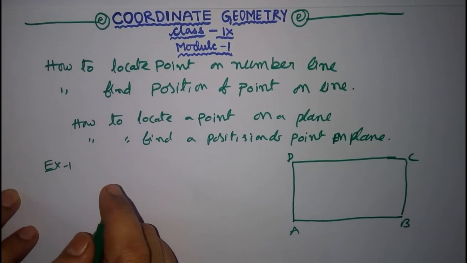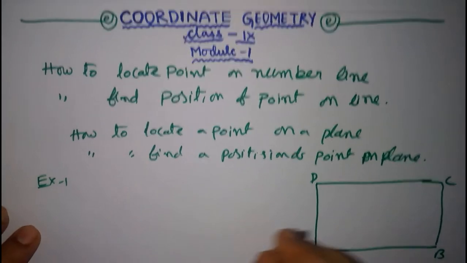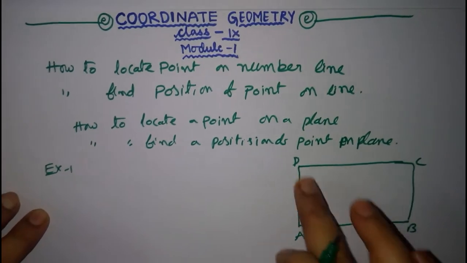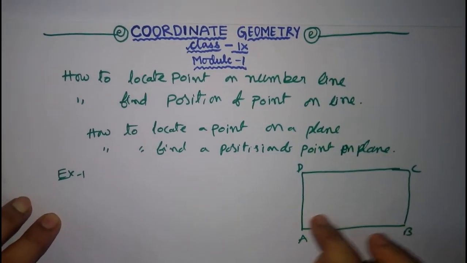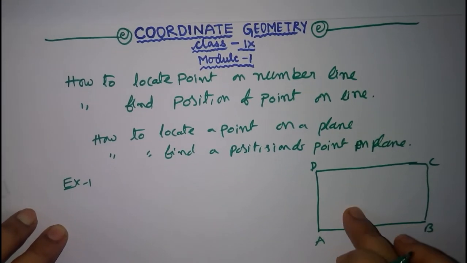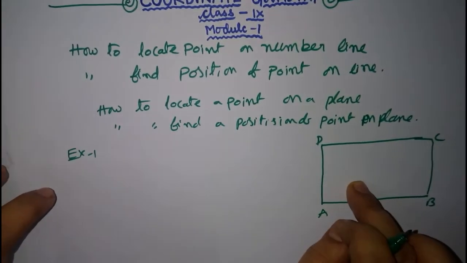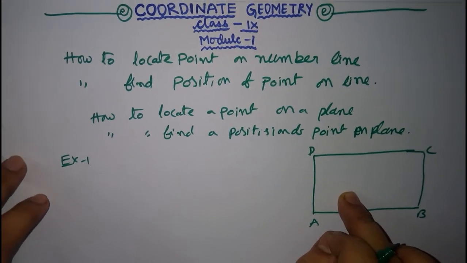Suppose we are given one piece of information: the tree is 4 meters from the AD boundary. 4 meters from the AD boundary means from AD you can take here, or here, or here. So this information is not sufficient to find the position of the mango tree. That means we require one more piece of information.